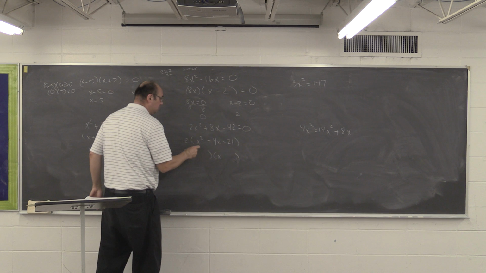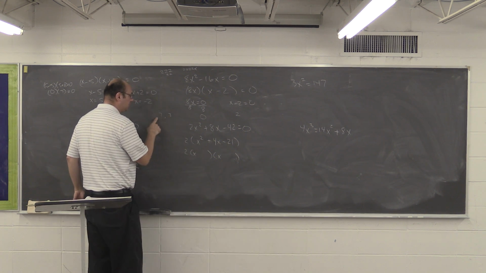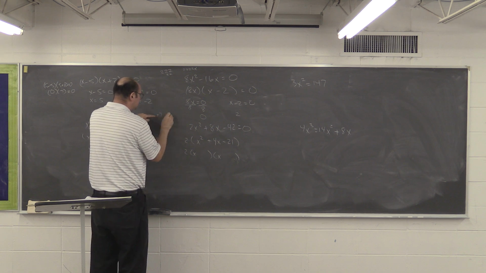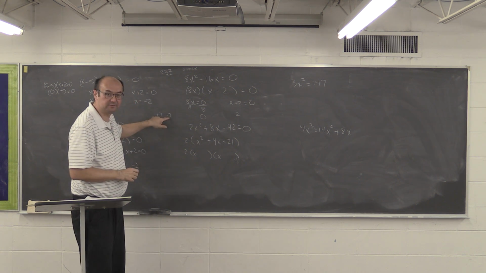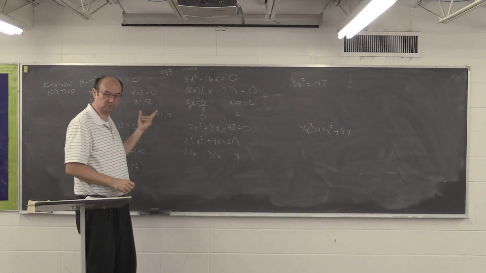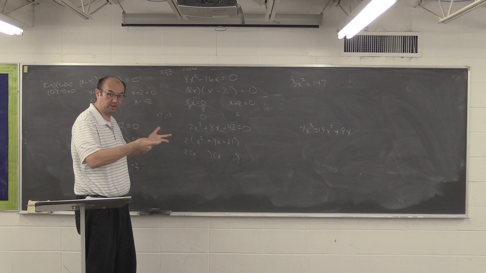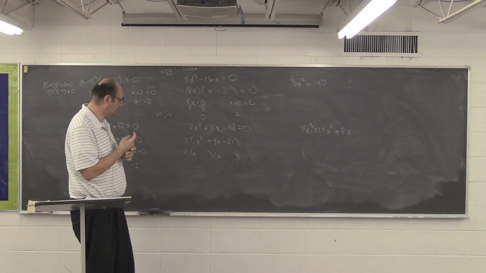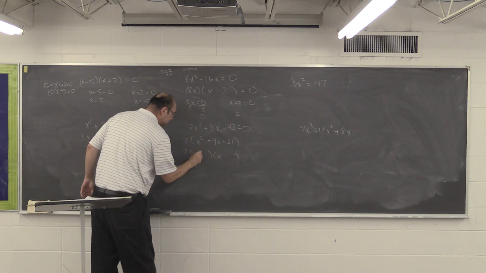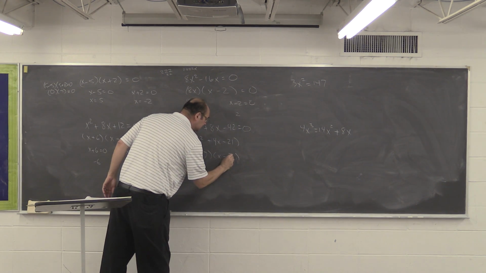Well, it looks as though we've got a 7 and a 3, and we would make the 7 positive and the 3 negative, so that when we add them, we get a positive 4, not a negative 4 if we switch them around. We have a video for that, showing how to factor trinomials. So we have x plus 7 and x minus 3.